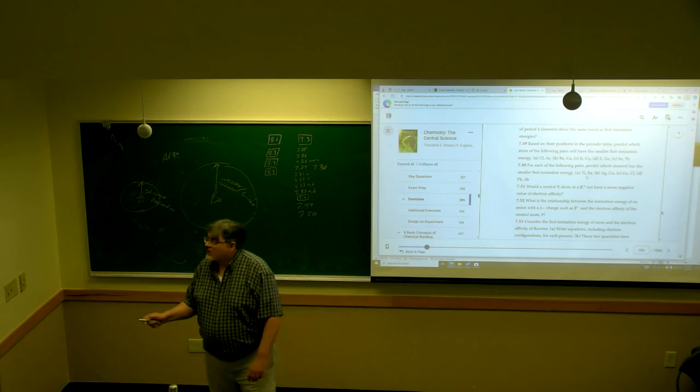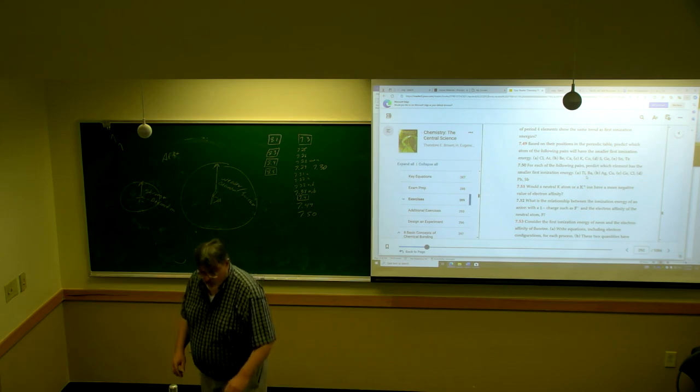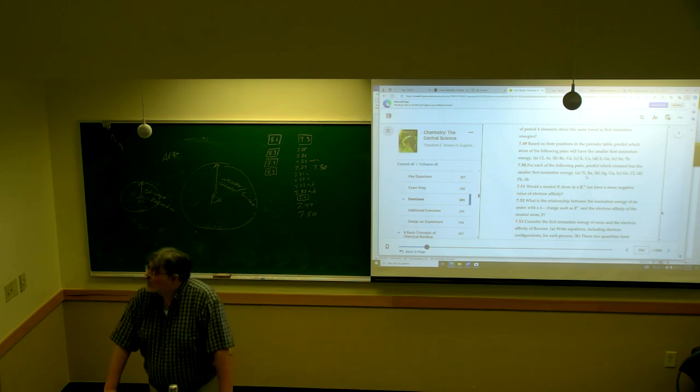Lead. You got Sb there and lead there. The 4s is further out, or the 4d is further out.